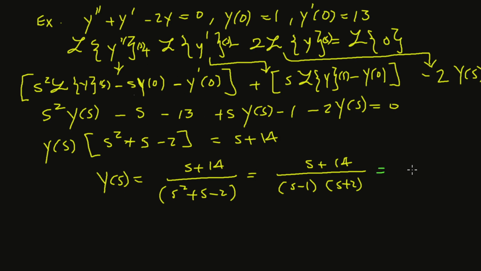As you know, of course, this is going to be two fractions added, with A over s minus 1 because it's linear, so the constant on top, and same thing for s plus 2 and B there. So to find these, I'll write it here so you can see how nice this method is.